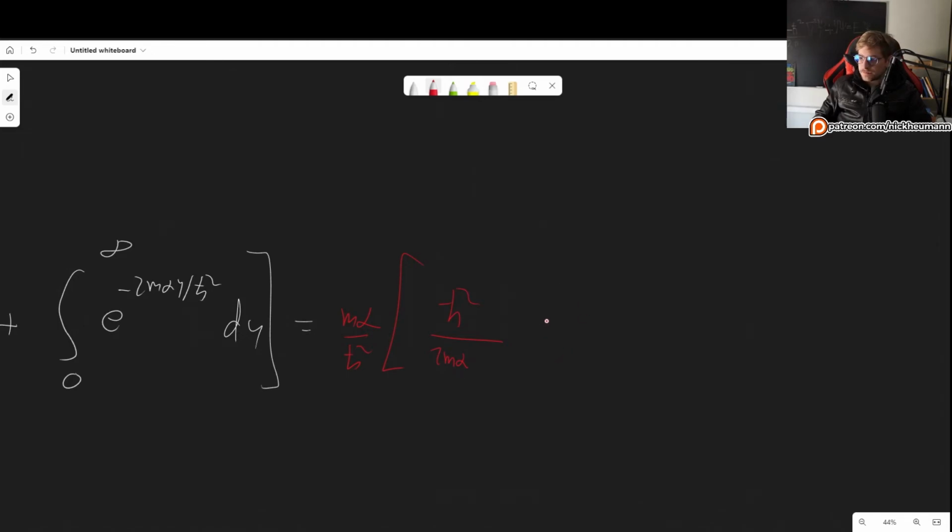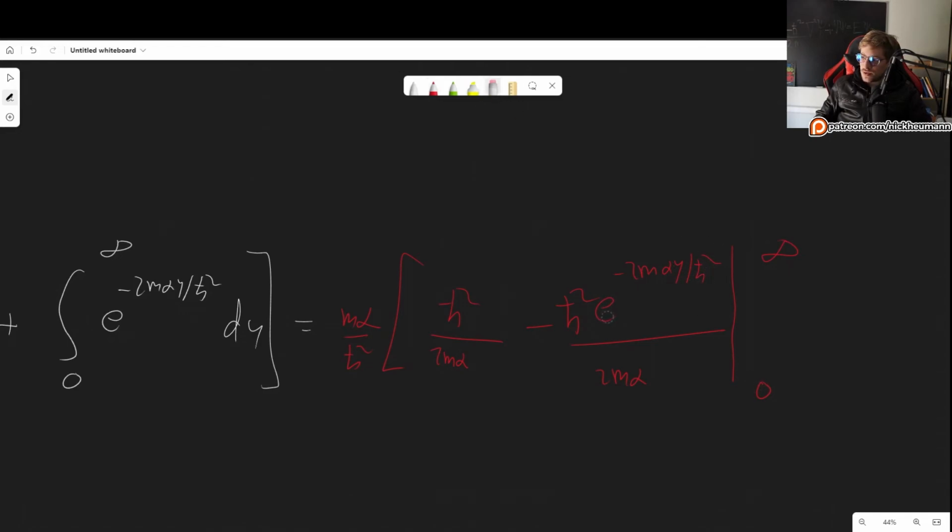And then we have the second integral, which is plus, and now because we have to take the integral, we get a minus sign. So it is minus e to the minus 2m alpha y over h bar squared divided by 2m alpha over h bar squared, which goes up. And we have to evaluate between 0 and infinity. But at infinity, the exponential goes to 0.